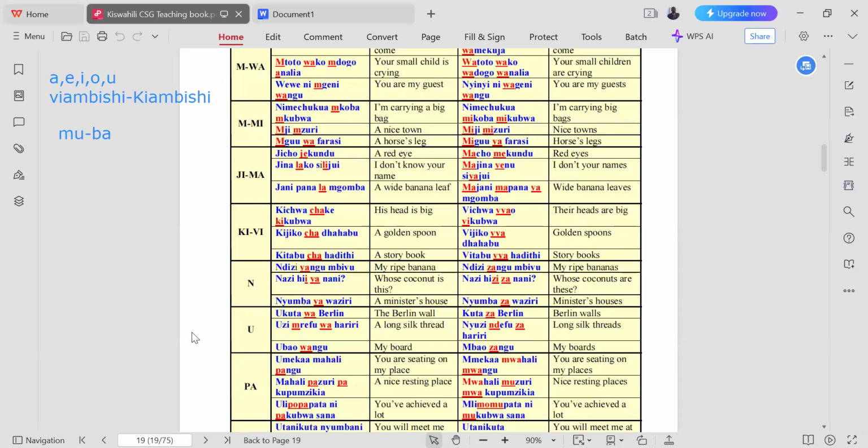So jina, majina. Now you see where there's jina, the ma has been introduced before jina. It does not replace ji. It means you have introduced ma prior to jina. So we've retained jina in plural and it becomes majina.